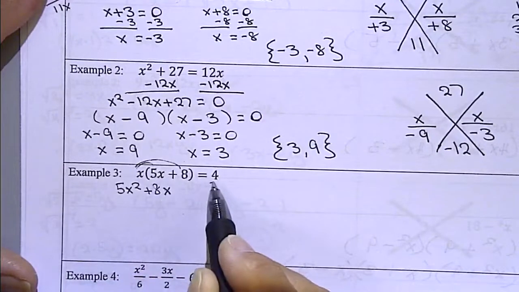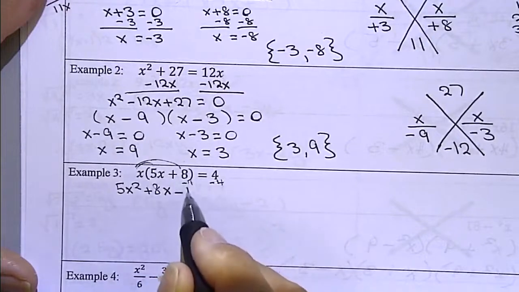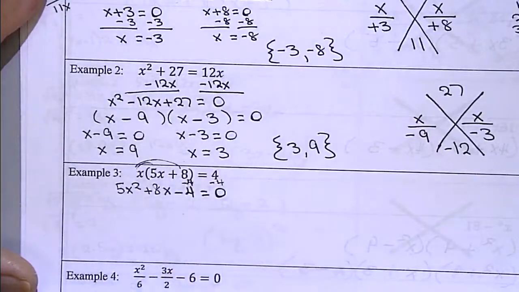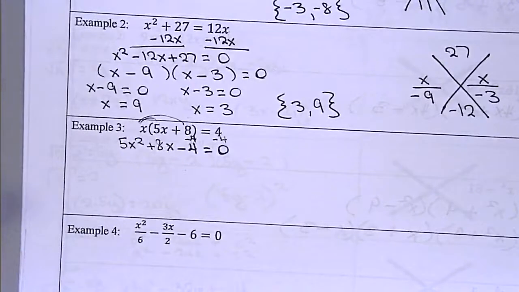And then I will subtract 4, okay? Well, that's going to give me a minus 4 equals 0. Do it in 2 steps if you need to, okay? But does everybody see what I did? You okay? All right, now you can factor it.